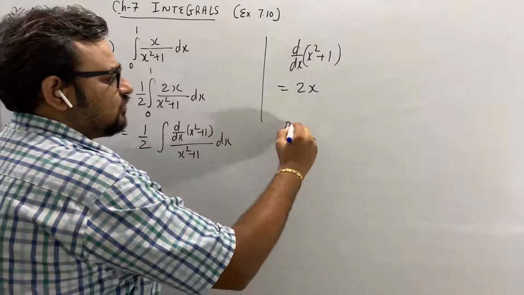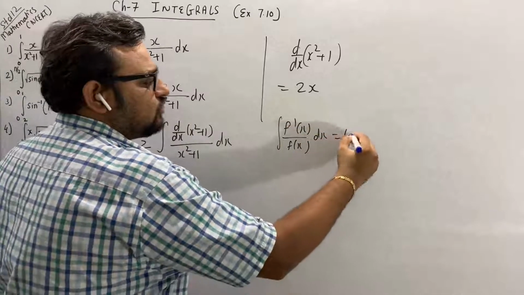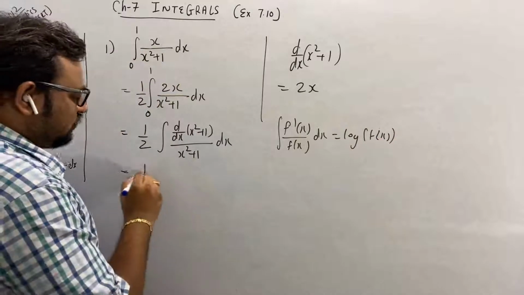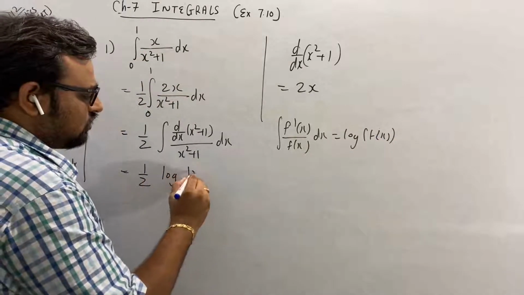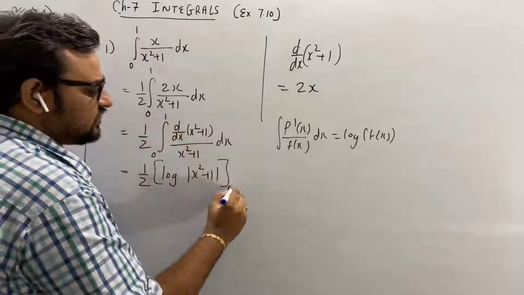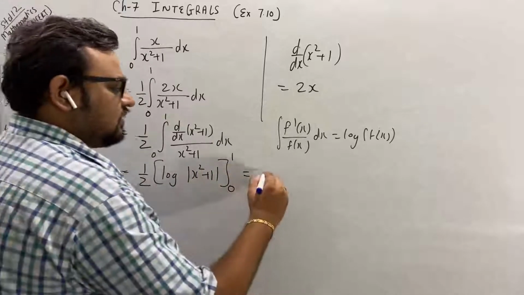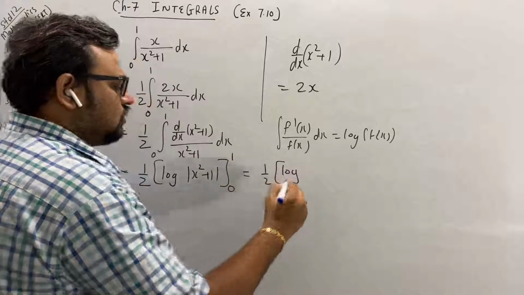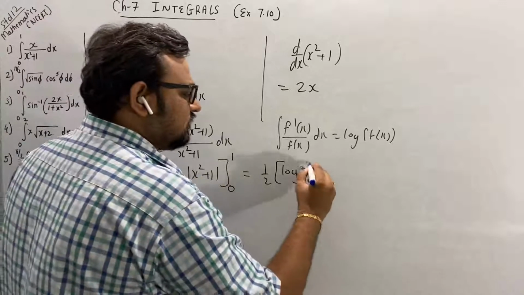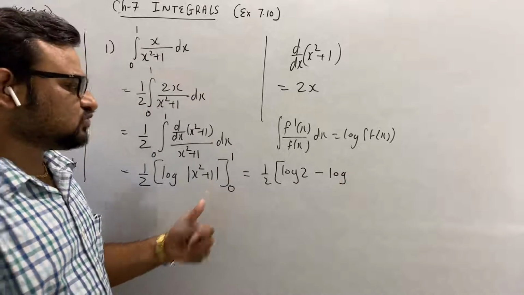Here the formula is f dash x upon f x dx, which will be equal to log of f x. So this will be equal to 1 by 2 log of x square plus 1, and the limit is 0 to 1. Now I will put the upper limit and lower limit: 1 by 2 [log of 1 square plus 1, that is 2, minus log of 0 square plus 1, that is 1].